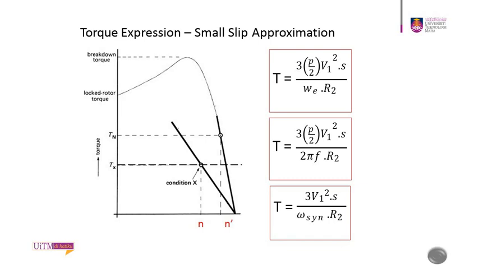From the small slip approximation, the torque value tells us we can drive our AC motor within several parameters that we have discussed before.